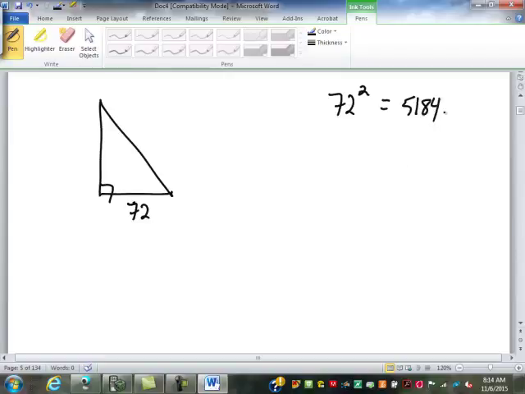Perfect. 5184. Now 72 is an even number, so I'm going to divide that by 4. 1296, is that right? So that side will be 1297. This side will be 1295. That'll work out, a squared plus b squared equals c squared will work out.